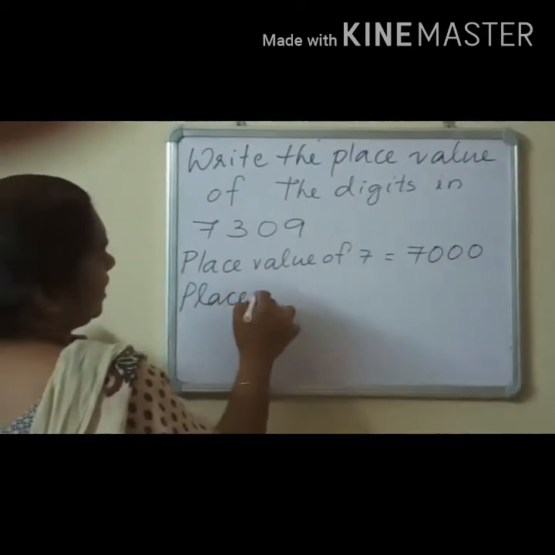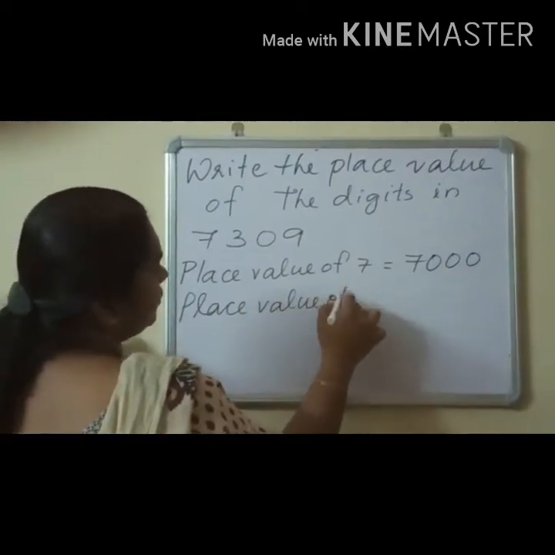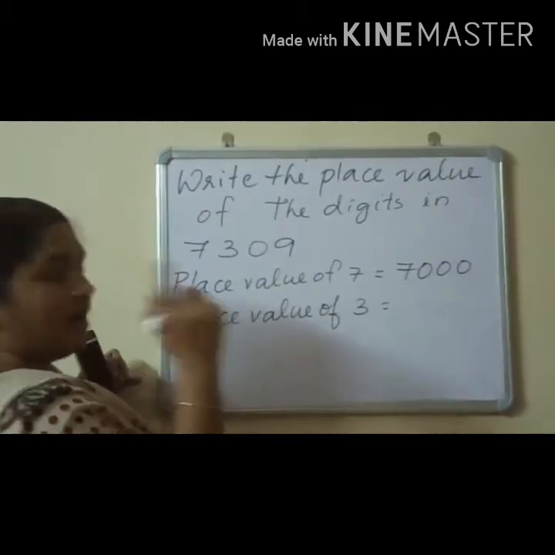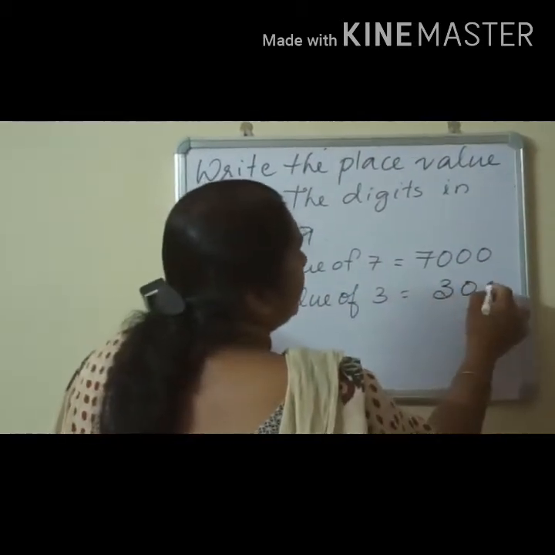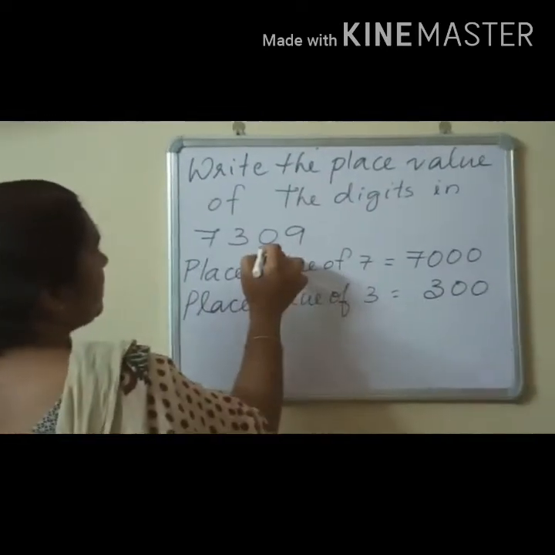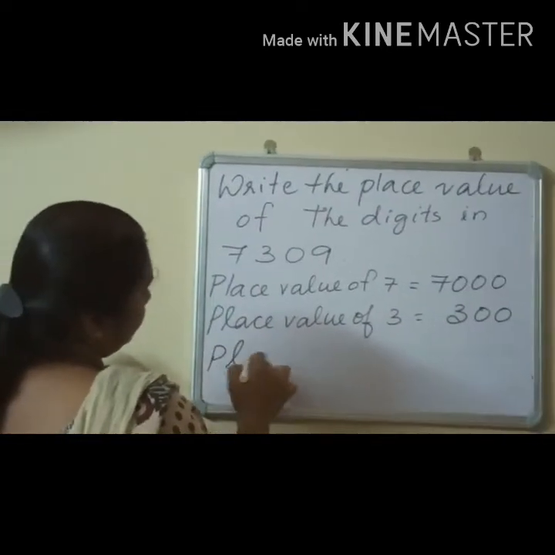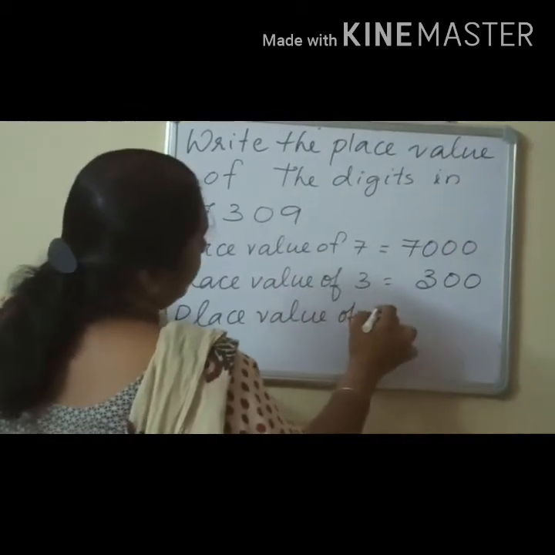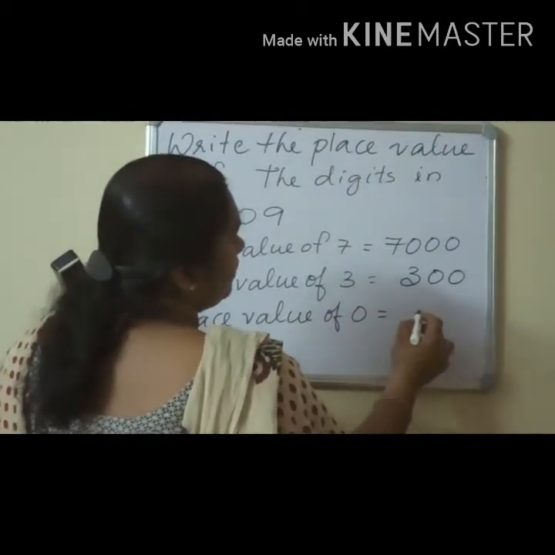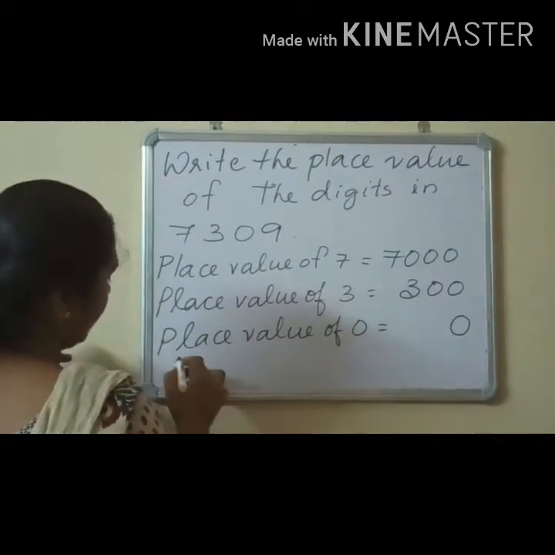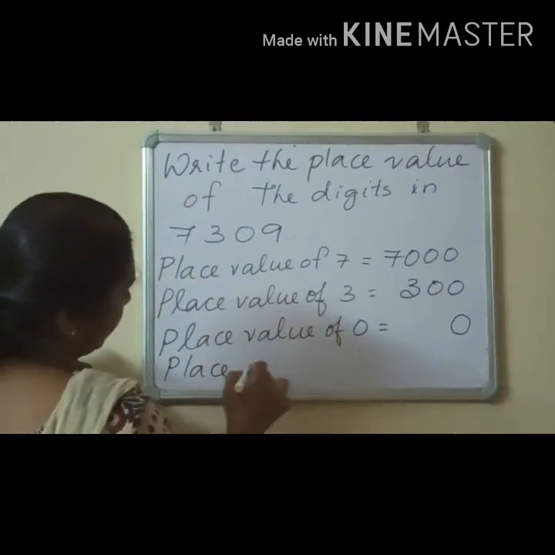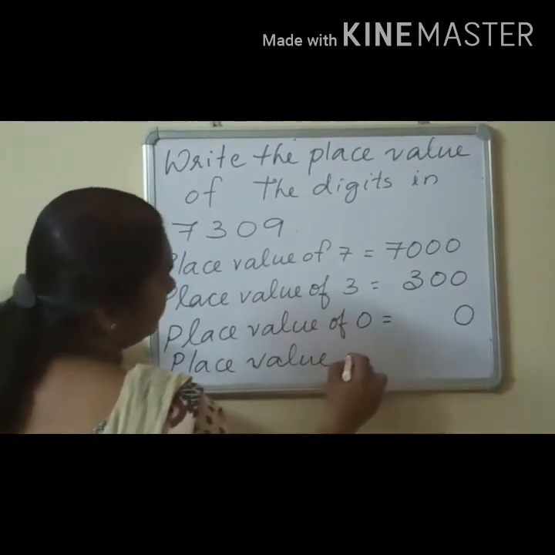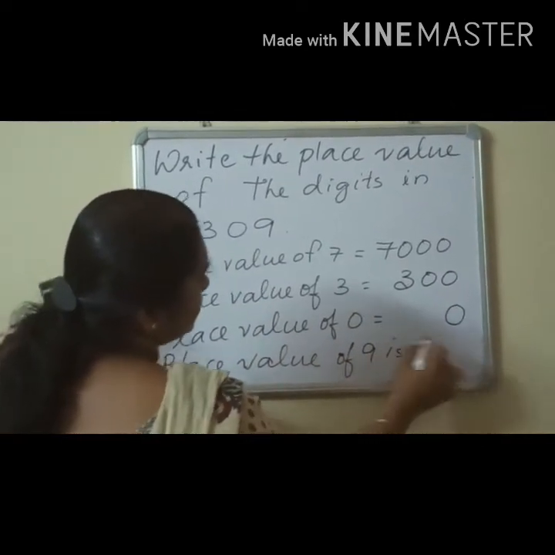Then place value of 3, in which place is 3? Hundreds. So it is 300. Place value of 0: we have already told you that the place value of 0 is always 0. And place value of 9 is 9.